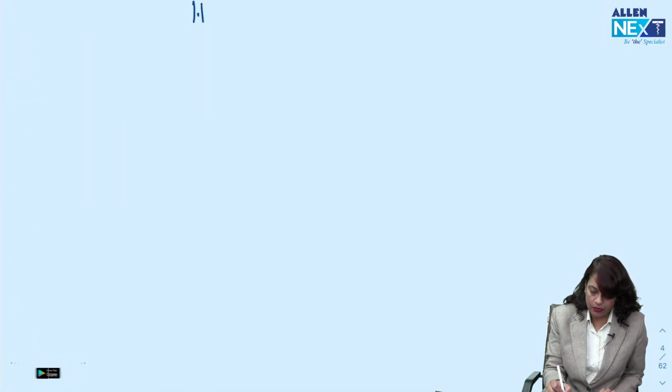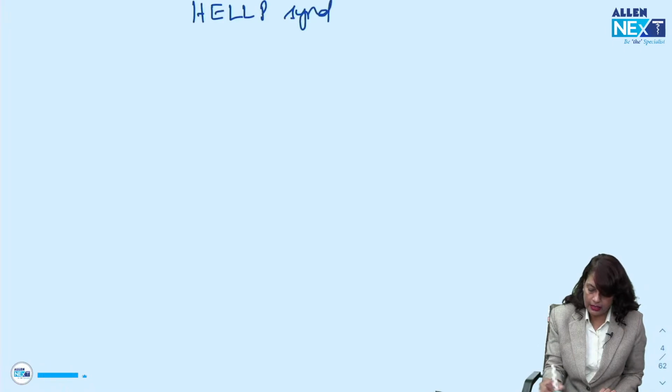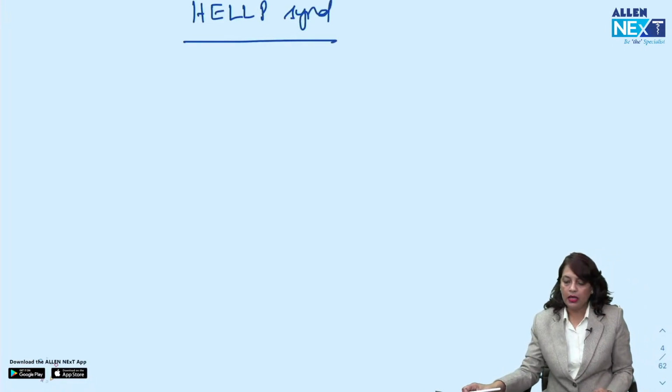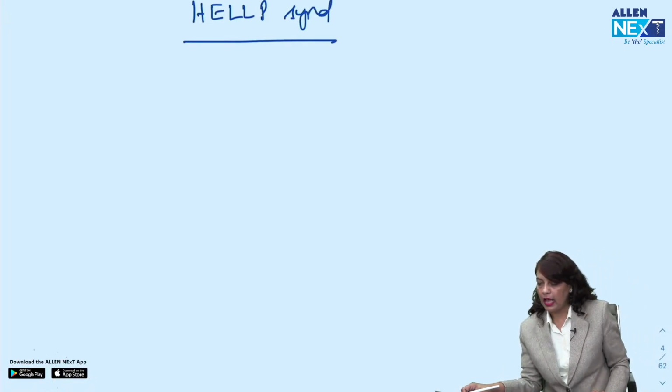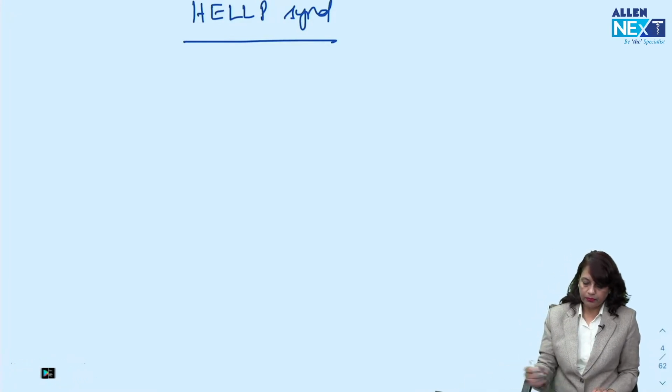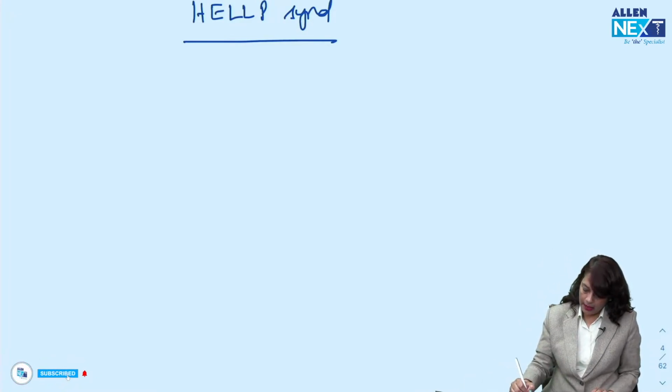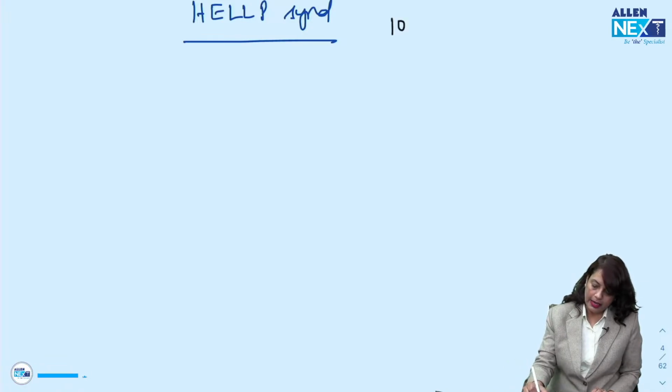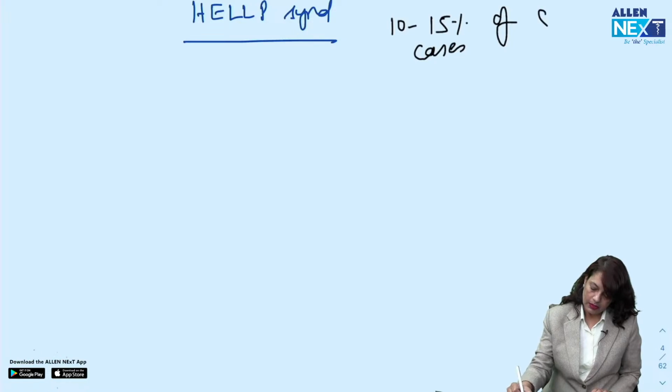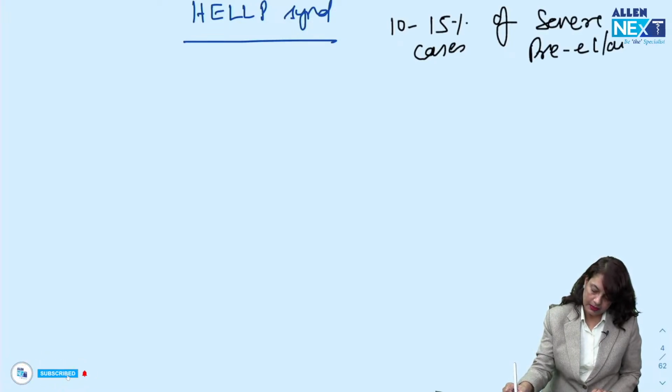Let me tell you, from this history which has been given to me and the investigation, it appears that this is HELLP syndrome. HELLP syndrome occurs in 10 to 15% of cases of severe preeclampsia.